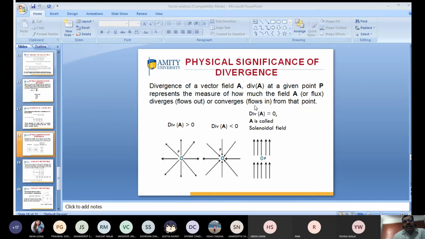So if I calculate the divergence of that vector quantity and it is 0, then we can say it is solenoidal. Whenever any vector is given, if I take its divergence and it is 0, that vector is said to be solenoidal. This is simply about divergence.